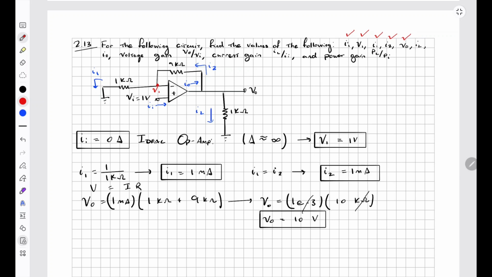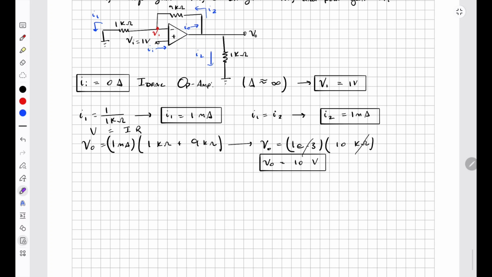Okay, next they ask us to solve for IL. IL is defined by this current here. That's pretty simple. It is just the voltage drop across that resistor, V out minus ground, divided by 1 kilo ohms.